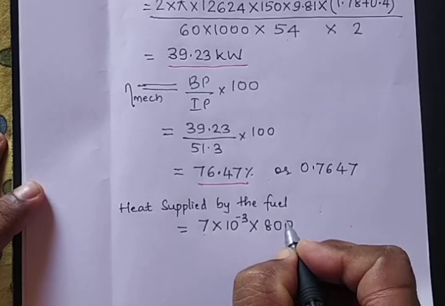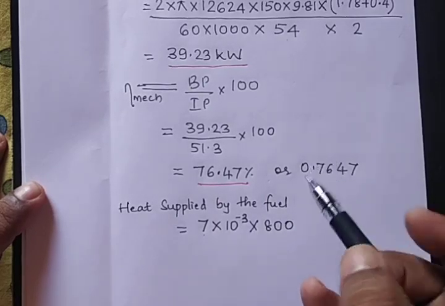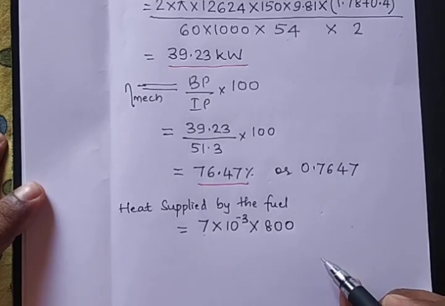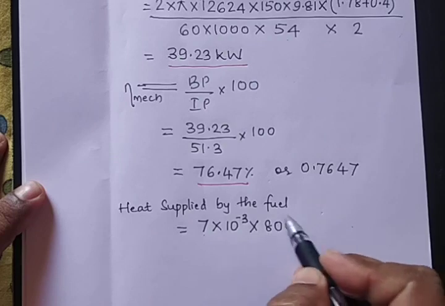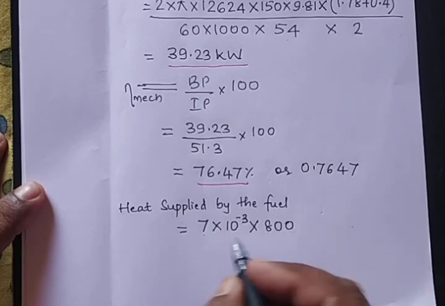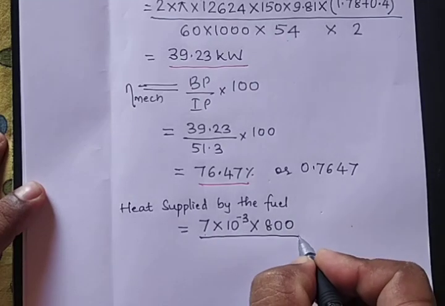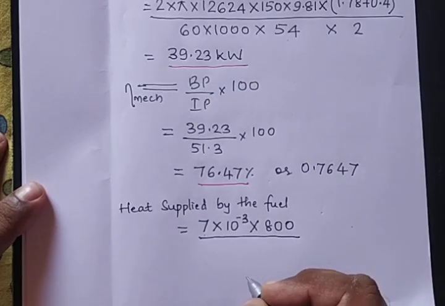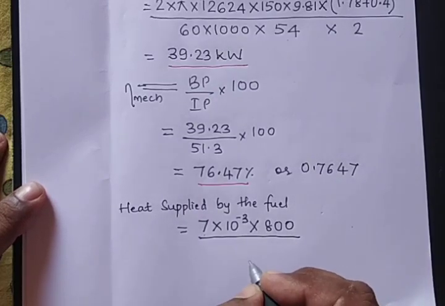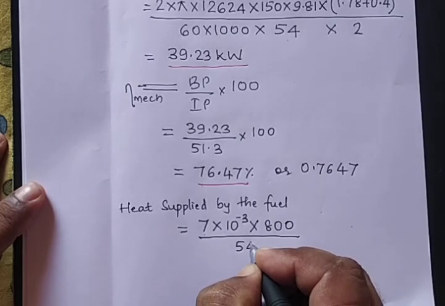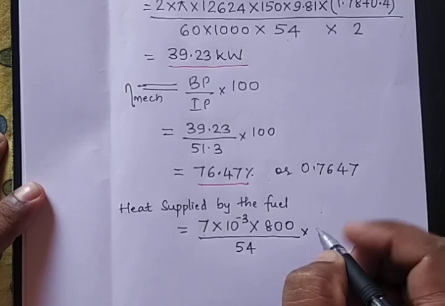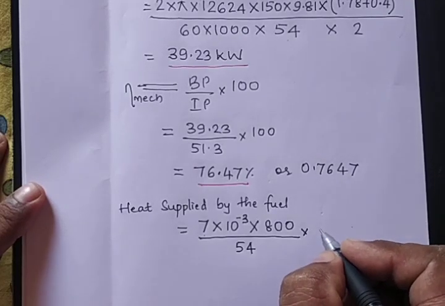800, because 0.8 specific gravity is given, that is 0.8 into 1000 divided by 1000 to convert this into density. That is 800 becomes the density divided by 54, because it is for 54 minutes, into the calorific value which is given in the problem.